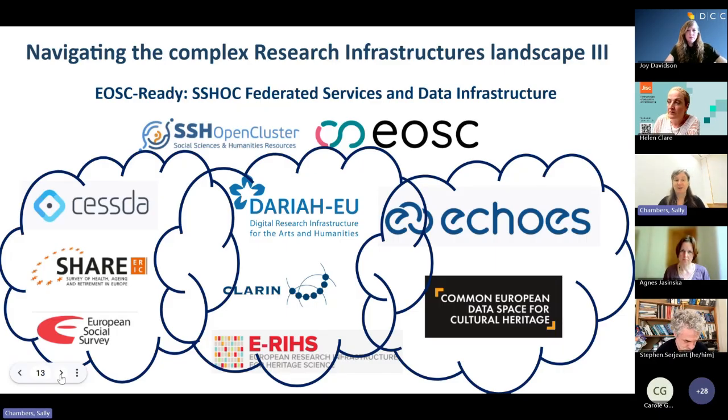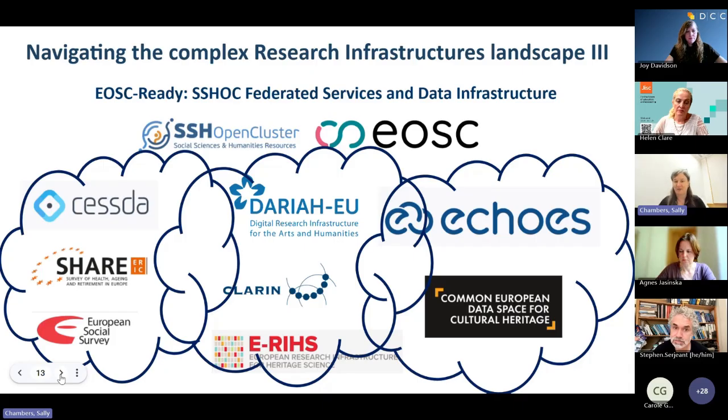So for example, the social science surveys node, related to the European Social Survey, which the UK is leading. Within the EOSC Mesh, we're looking at a node for arts and humanities, so DARIAH, CLARIN and IPERION, which is another research infrastructure that the UK is active on in terms of heritage science.